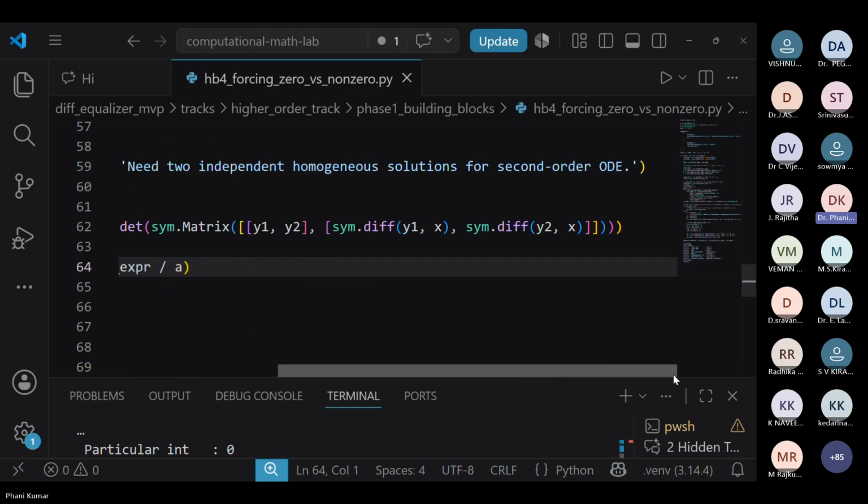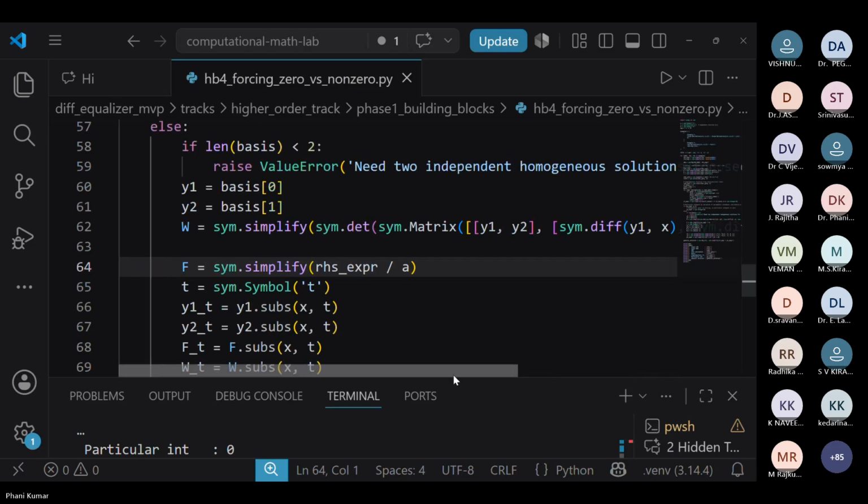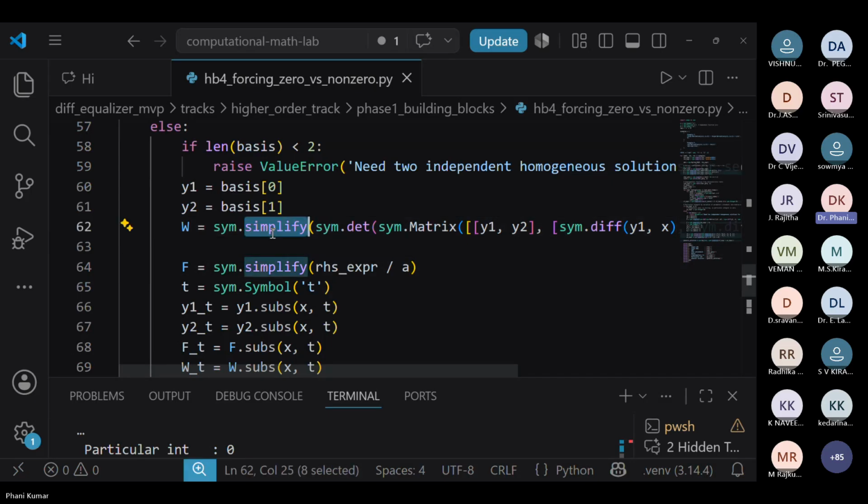So all these are in that program. If we do all these things, then it is better, or otherwise we are going to use that dsolve method. But in that lab, we are going to use this only.